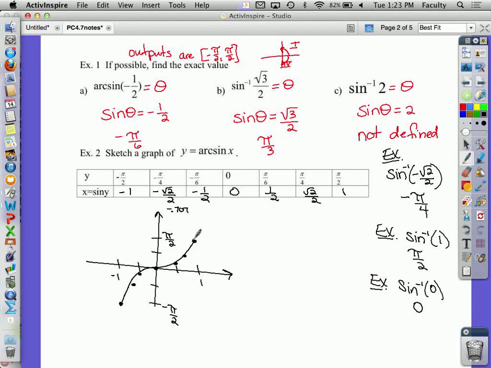So, trying to be very clear here, in my table the x's are in the bottom row, but you're still plotting x, comma, y. Alright, so these are all things inverse sine: the domain, the range, how you compute it and how you graph it.